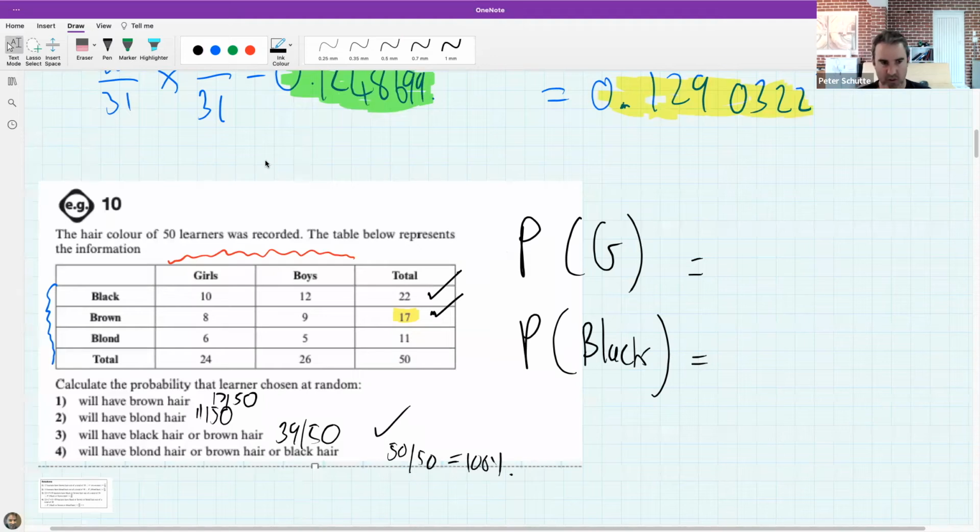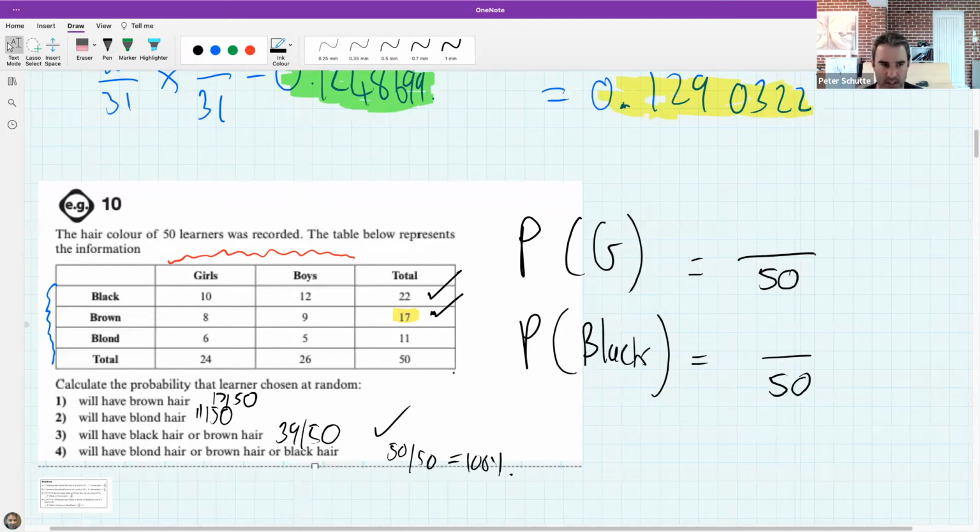And let's just see what you get for that. So what's the probability that a randomly chosen person is a girl in this group? And the sneaky thing is it's always going to be out of 50 because the sample space is 50.